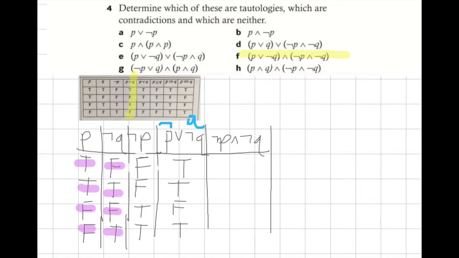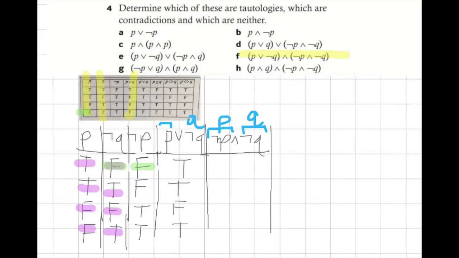So that would be this one with P and Q, where this is our P statement and this is our Q statement. Okay, so first one, not P, false, not Q, false.